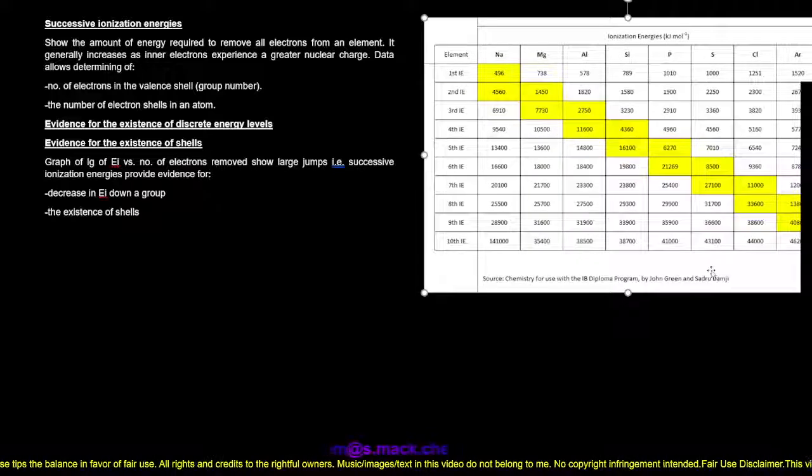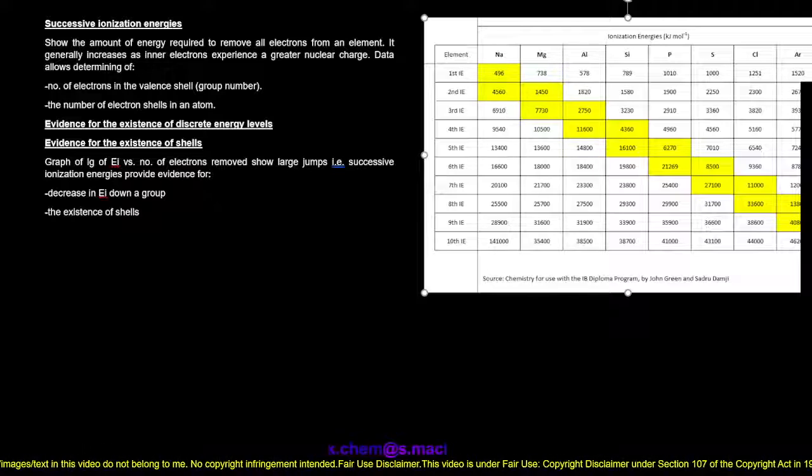or the figure, which shows us the elements sodium to argon in period 3, and it lists the amount of energy taken for the successive ionization energies, that is, to remove the first 10 electrons from each element.